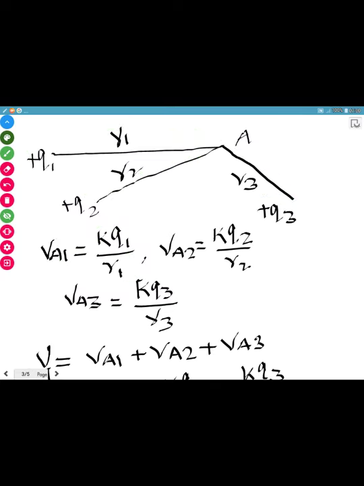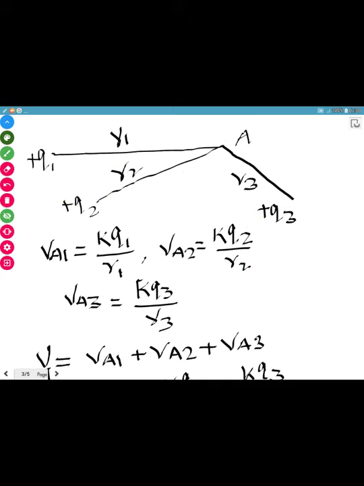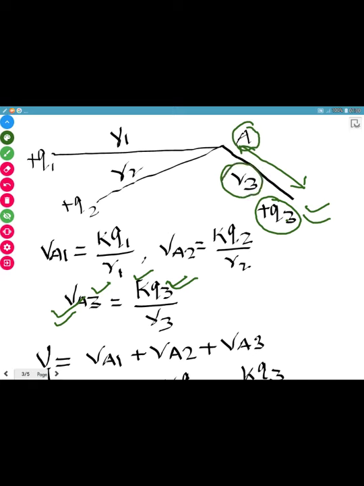In the same way, the voltage at A due to charge Q2, represented by VA2, is K multiplied by the charge Q2, divided by the distance of point A from the charge, that is R2. In the same way, due to charge Q3, the voltage at A, VA3, is given by K multiplied by the charge Q3, divided by the distance between A and Q3, that is R3.